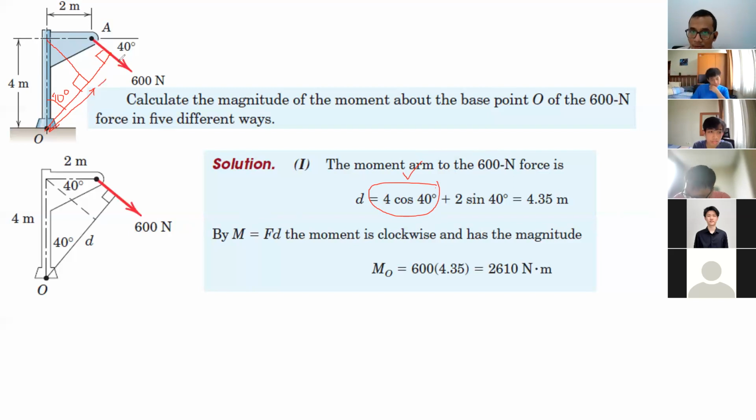Okay, that's the first one. And now the second one, this one. For that one, the second length will be the same as this particular line. So we can see this particular triangle actually. If we see that particular triangle, we have 2 meters there, and we know that the angle here is 40 degrees.